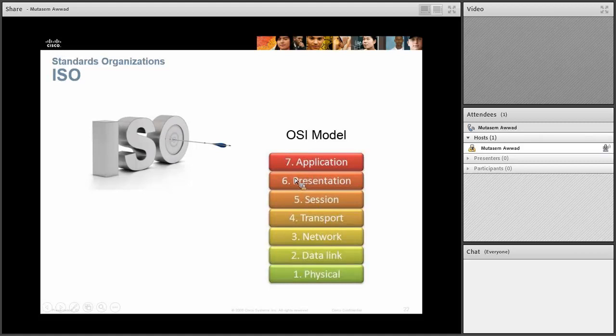The best way to remember it, I have a mnemonic for you if you want to use it. Here we go. All people seem to need data processing. And that's from the top to the bottom: application, presentation, session, transport, network, data link, and physical.